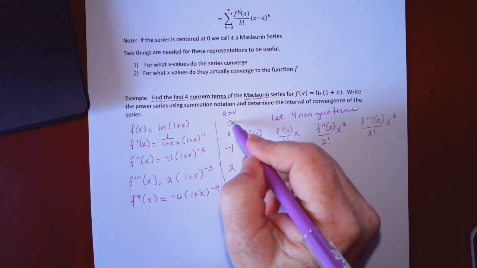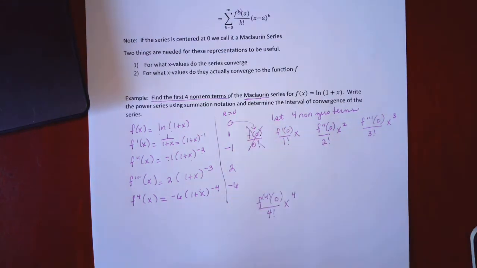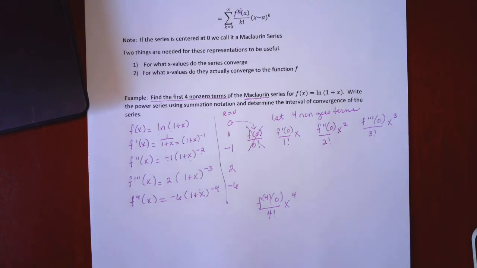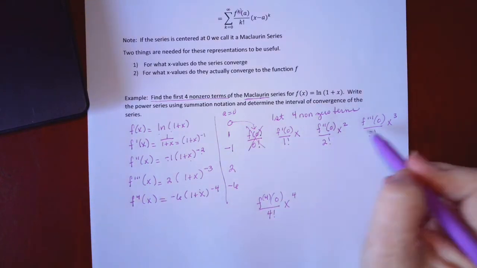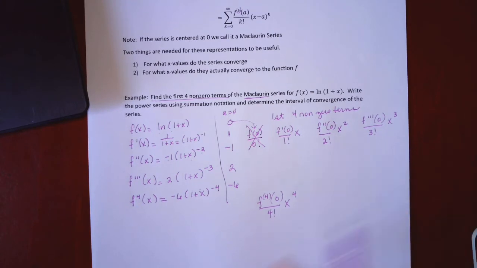This one, since this term is 0, that one's 0. Now, if I was finding my fourth degree Taylor polynomial, I would have pluses between these. But I just want to list out the terms here.